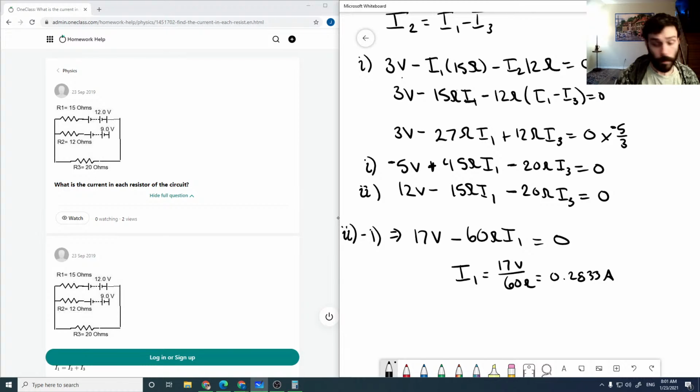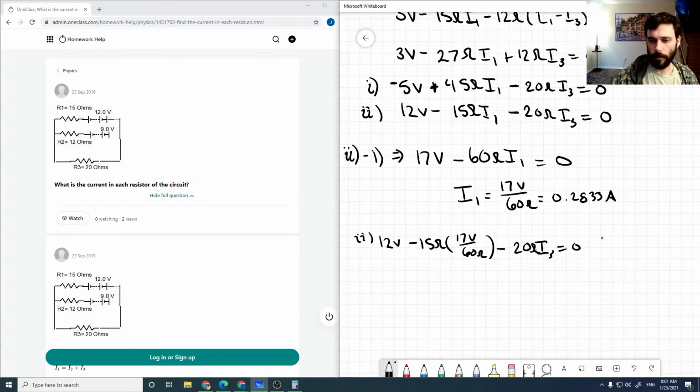Okay, so now that I've got my I1, I can plug that into either equation to get my I3. So I'm going to use my second equation. So I've got 12 volts minus 15 ohms times 17 volts over 60 ohms, because that way I don't have any rounding issues, minus 20 I3 equals 0.